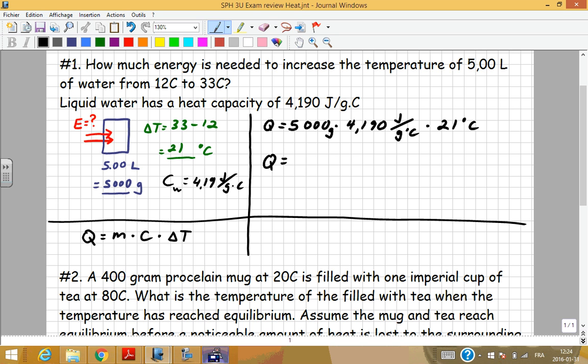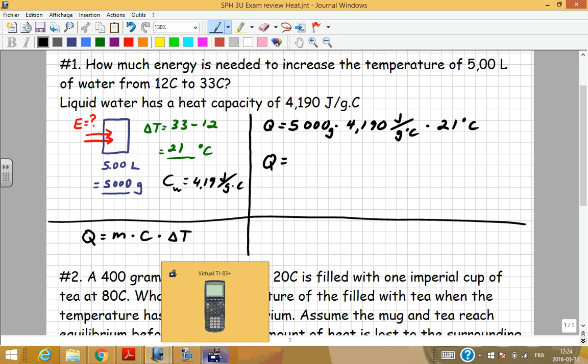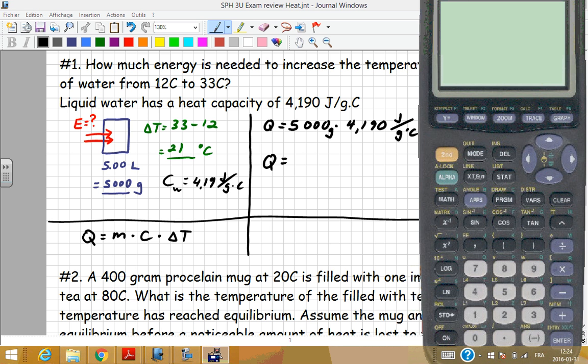We'll use our calculator for this. So it should be around 210,000. So 5,000, oops, we'll turn it on first, that helps. Clear.